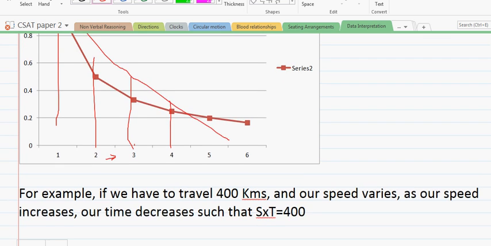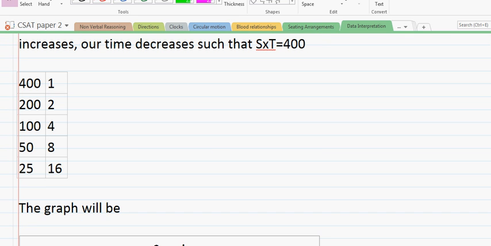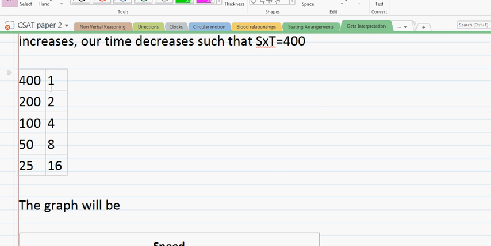So for example, if we have to travel 400 kilometers and our speed varies, as our speed increases, our time would decrease, which means speed into time is equal to 400. Which means if we are traveling at 400 kilometers per hour, we would take 1 hour. As we are traveling at 200, we take 2 hours, and so on.